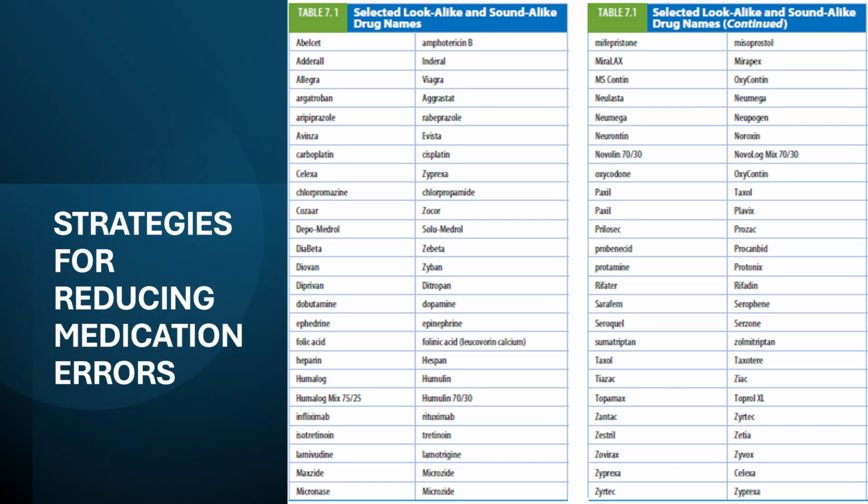Strategies for reducing medication errors. The most frequent type of drug errors vary depending on specific population, for example, pediatrics versus geriatrics, or healthcare unit, for example, intensive care versus long-term care. The most common types of errors usually involve administering an improper dose, giving the wrong drug, and using the wrong route of administration.